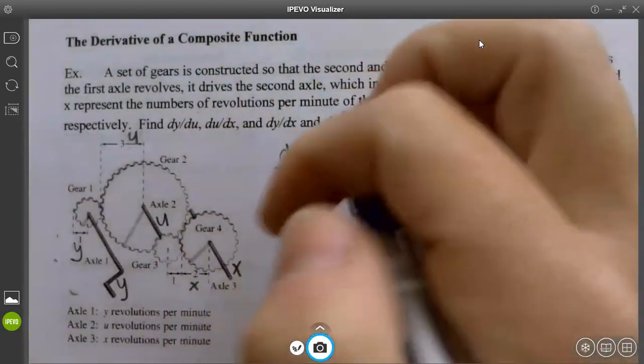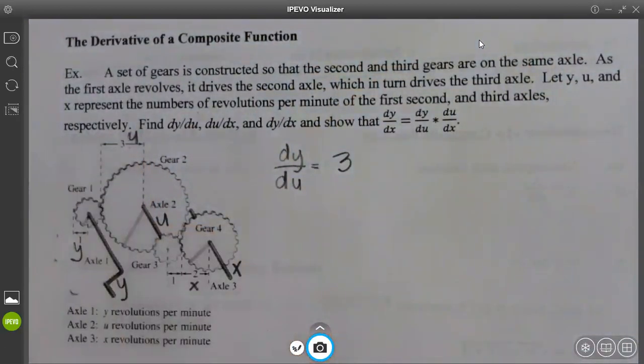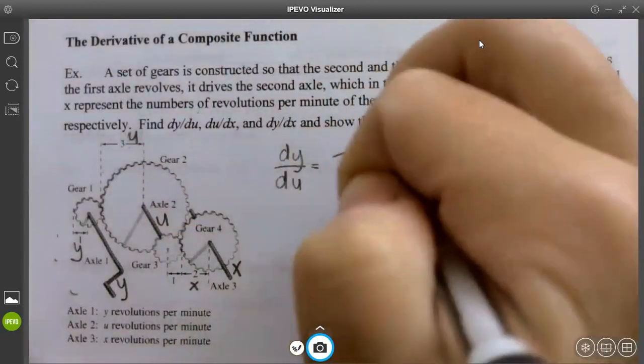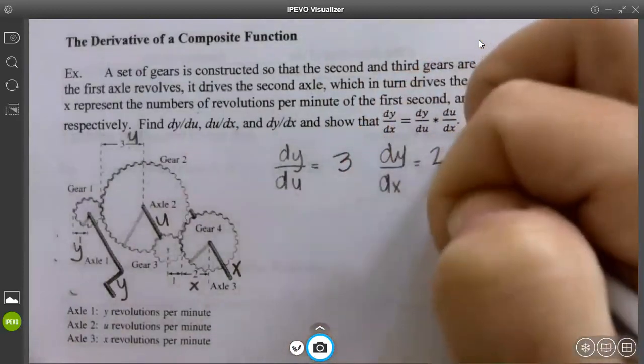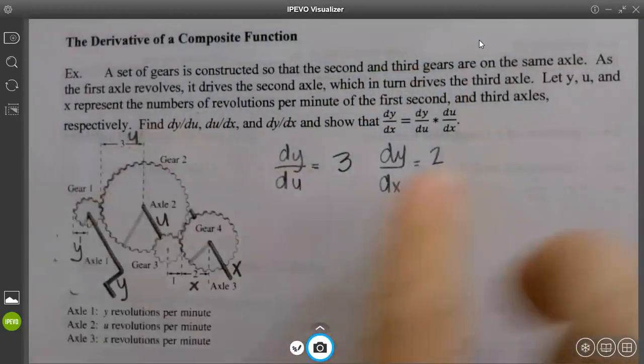So that's going to be your 3. Your du over dx is going to be the 2. So what goes with u is 3. What goes with dx is 2.